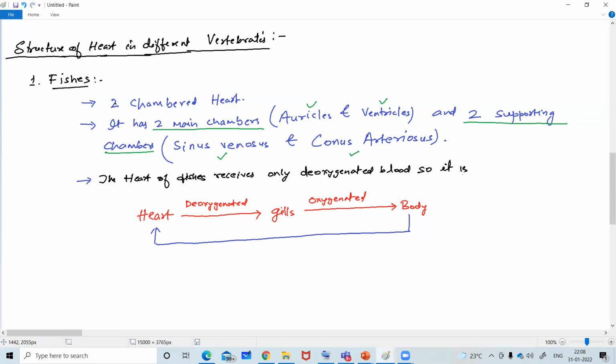So it is called venous heart, also called branchial heart. There is one more name, branchial heart. Right? This is the name. So you can see the blood is moving once through the heart. That is why this circulation is single circulation. So it is a single circulatory system.